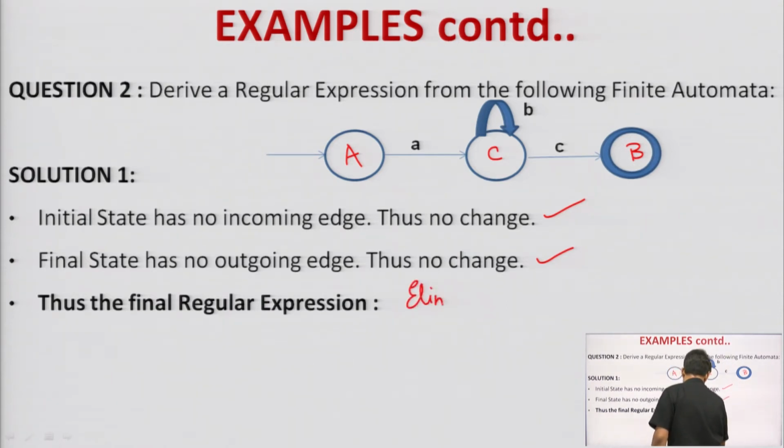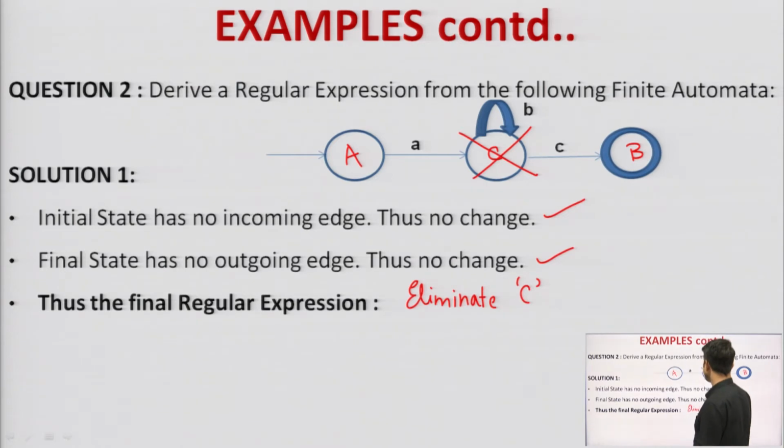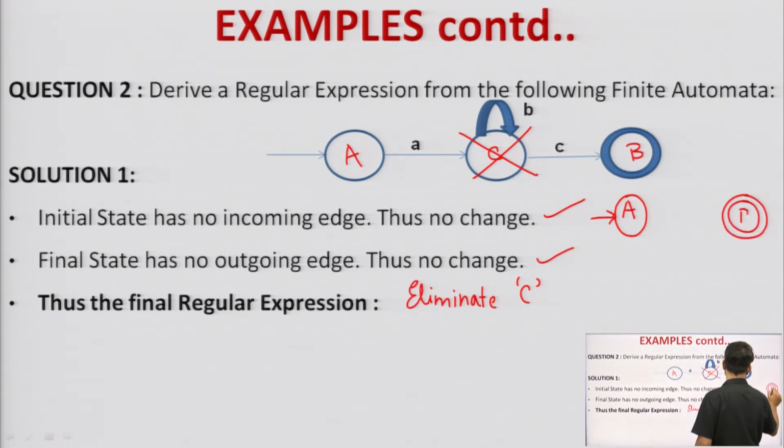Now, I need to eliminate state C. If you logically think about it, this C has a B loop. So, here we have state A, and here state B, and this is the transition.